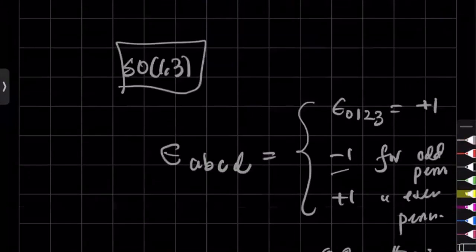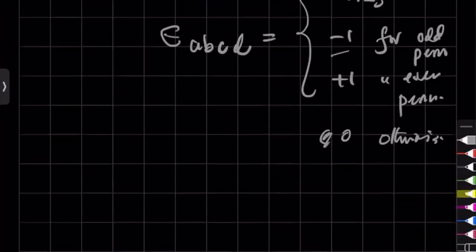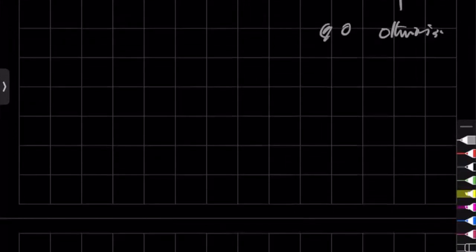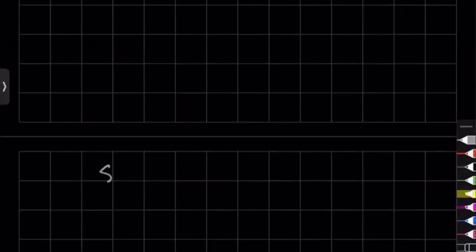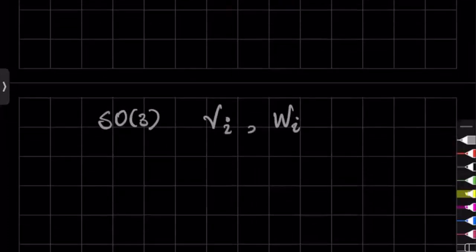Let me show you why the Levi-Civita is such a useful thing. Let's take an SO3 vector, a vector representation, and let's take another one. Now suppose I consider the antisymmetric combination of these two.